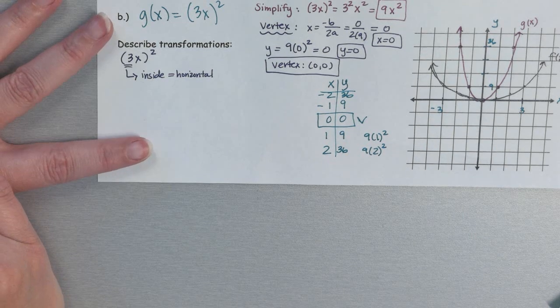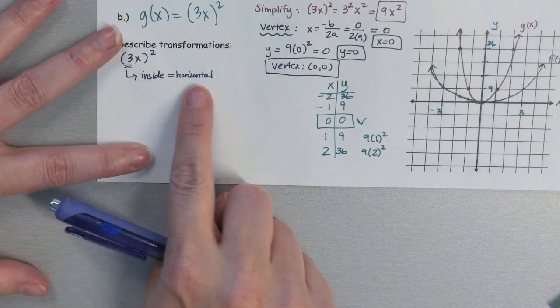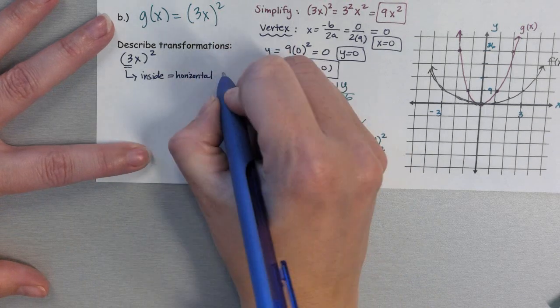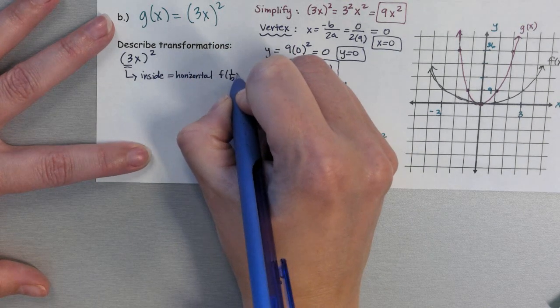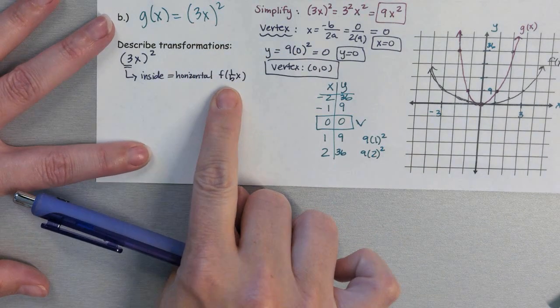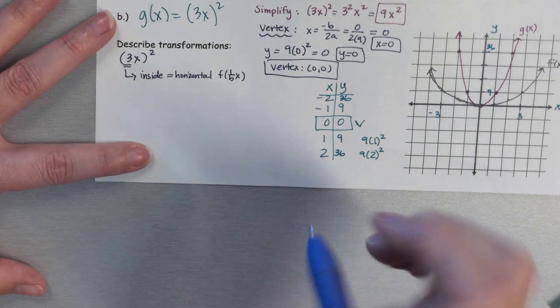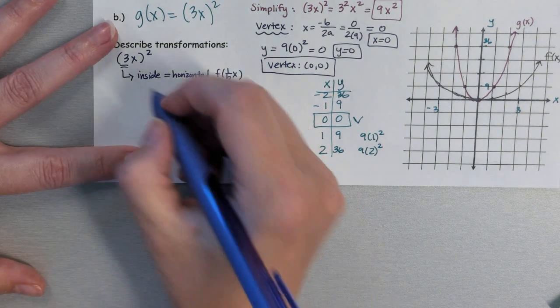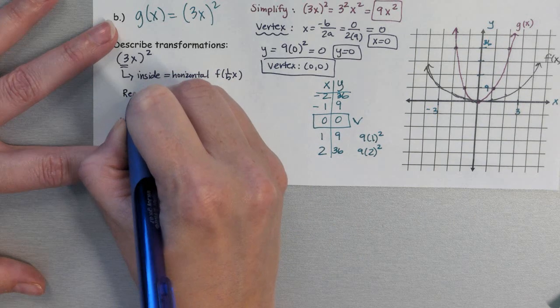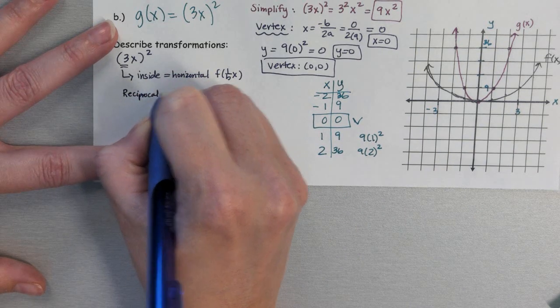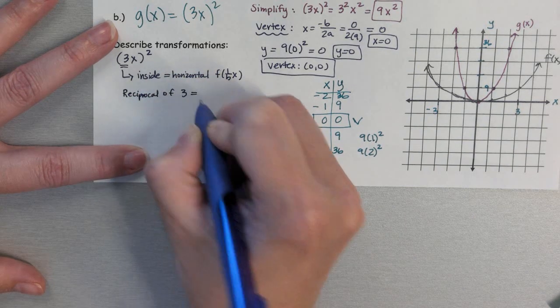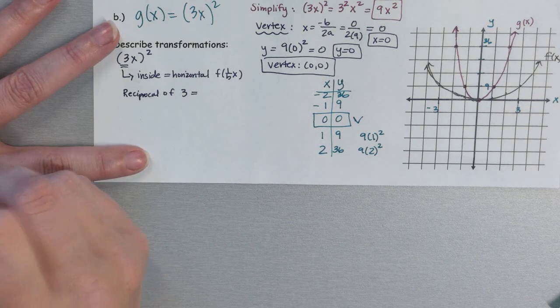Okay, now the rule for a horizontal is f of 1 over b of x. So remember, we are dealing with the reciprocal. So what you're going to ask yourself is, what is the reciprocal of 3? 1/3.